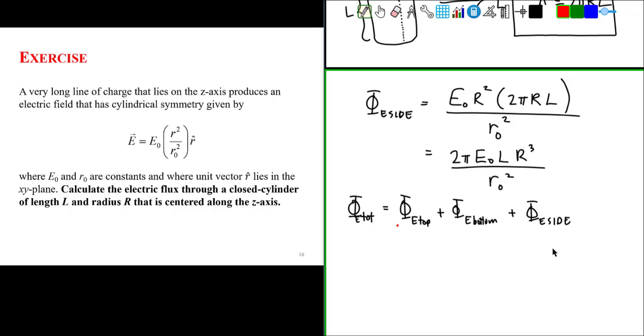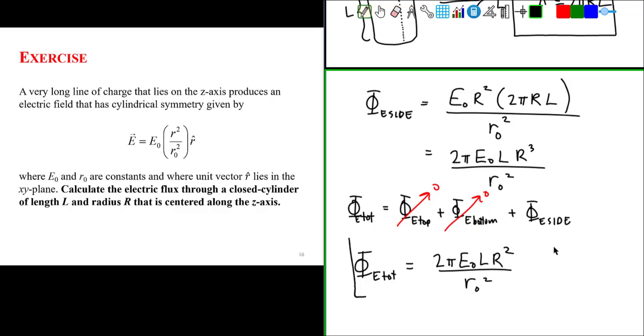We showed that the electric flux through the top and bottom surfaces are 0, which means that the total electric flux through the cylinder is given by just the electric flux through the side of this cylinder for this line of charge with cylindrical symmetry, and that's equal to 2 pi times E naught L R cubed over r naught squared.